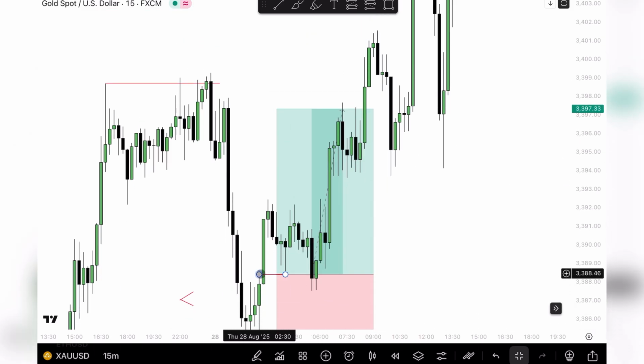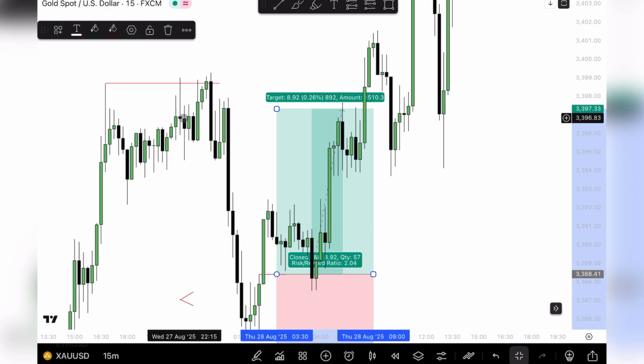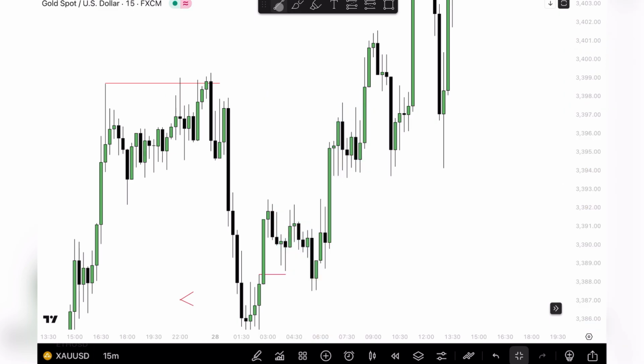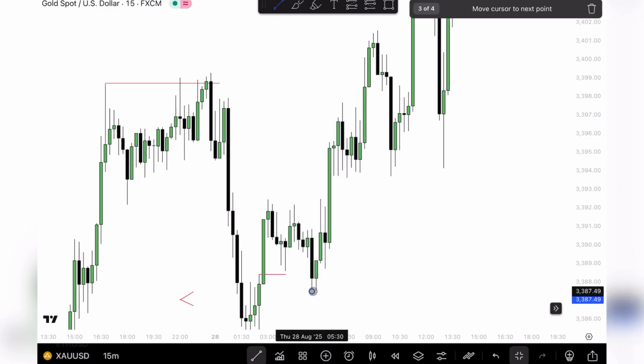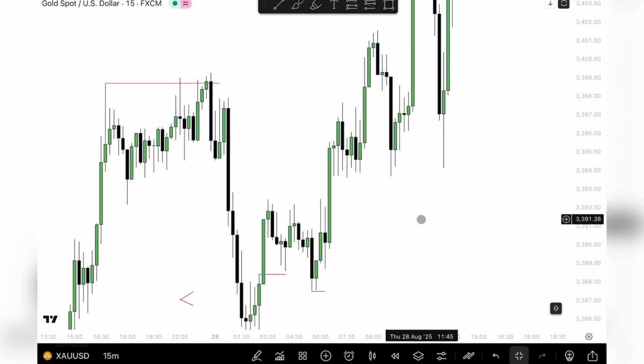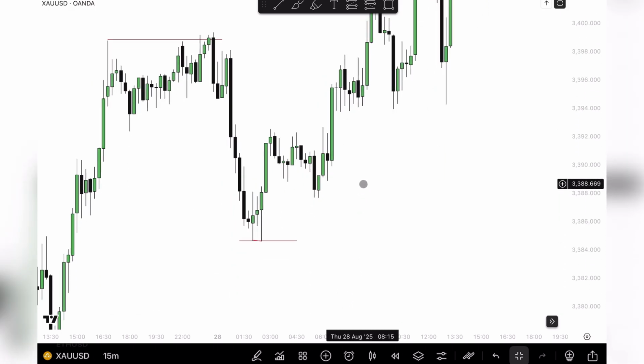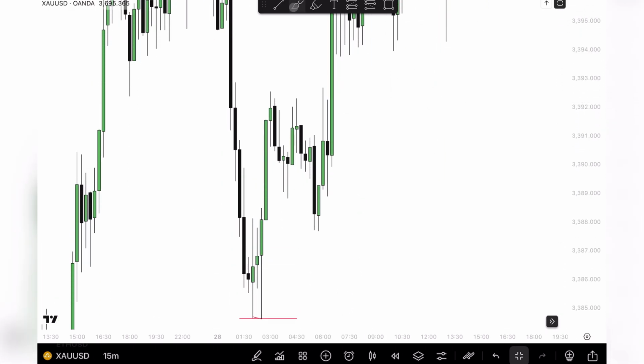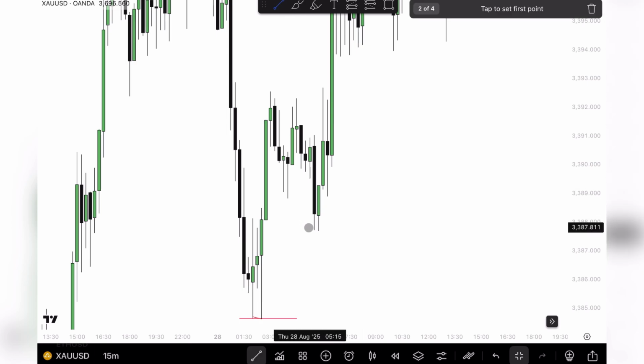Here you can see we got an entry based on this candle, but if I remove this, you can see that again a low was made, and the next candle didn't sweep the previous low in the FXCM broker. But if you open OANDA here, you can see that this previous candle has been swept.